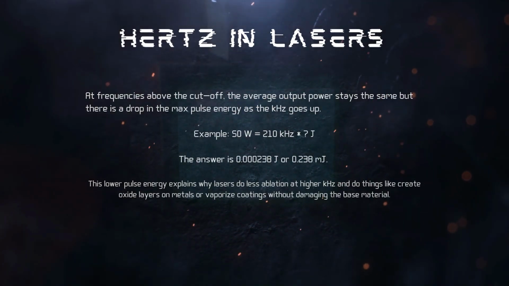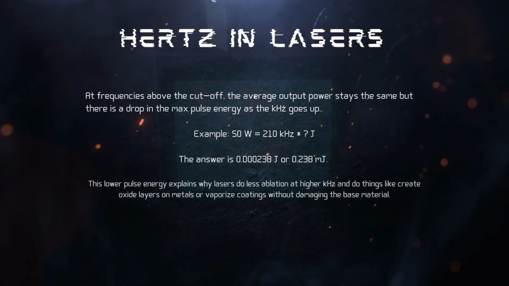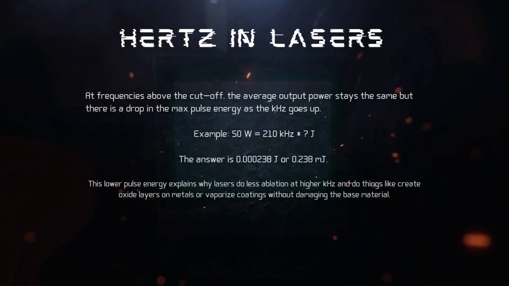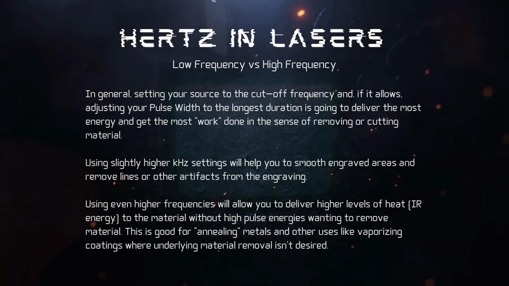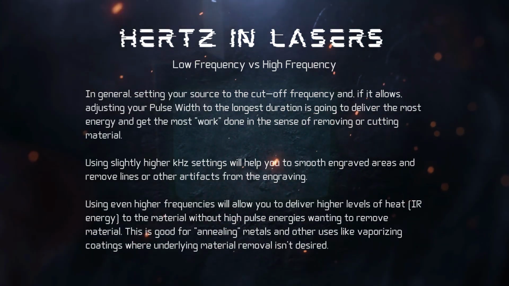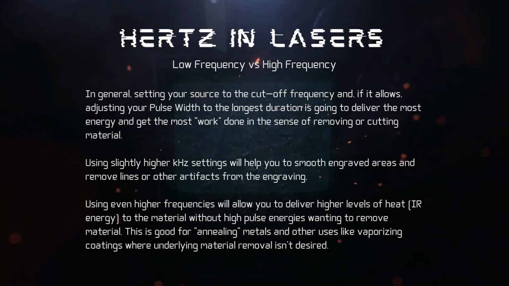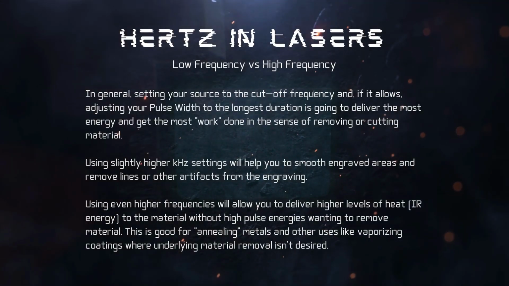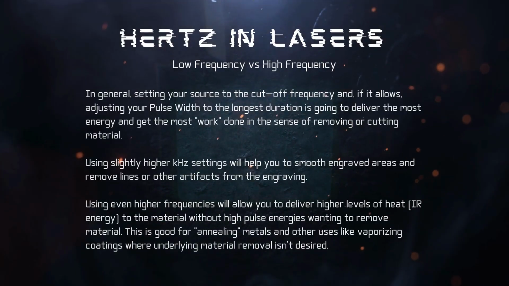The lower pulse energy explains why lasers do less ablation at higher kilohertz and do things like create oxide layers on metals or vaporize coatings without damaging the base material. In general, setting your source to the cutoff frequency and, if it allows, adjusting your pulse width to the longest duration is going to deliver the most energy and get the most work done in the sense of removing or cutting material.